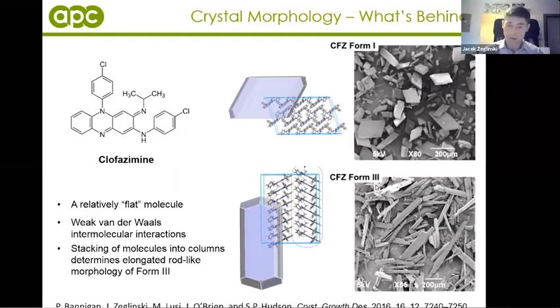This is for form 3, but if we look at the packing of molecules in form 1, where the shape is quite different, not as elongated, we can see a different packing of molecules. So molecular packing is an important factor which is leading to different shapes.